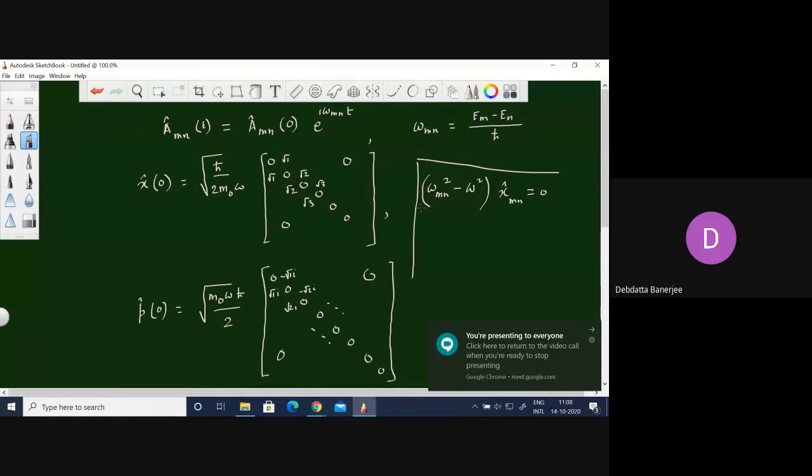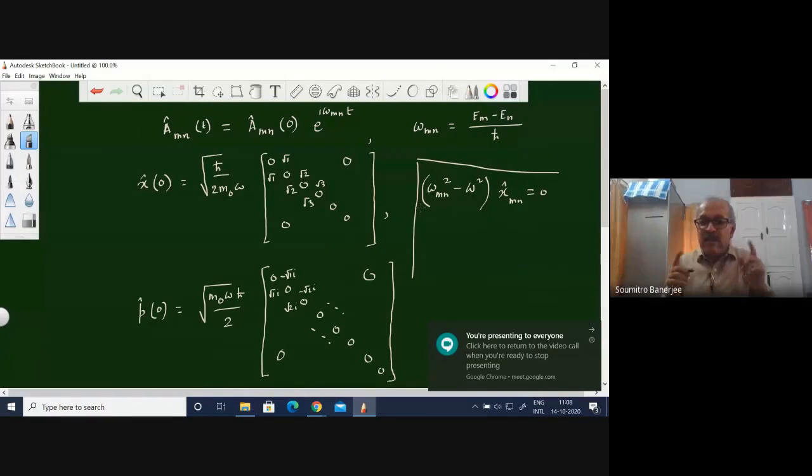Okay, sir. Yeah. Now this formalism actually tells you how the state vectors vary with time, and how the operators vary with time. The state vector in the Heisenberg formalism will not be time varying, but these will be time varying.